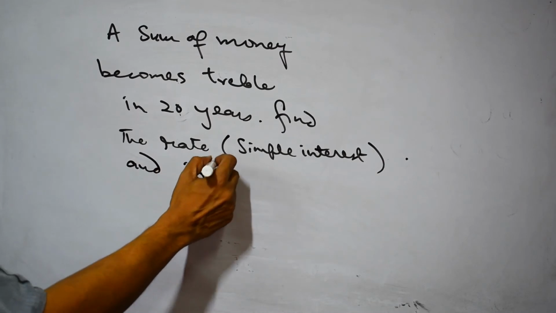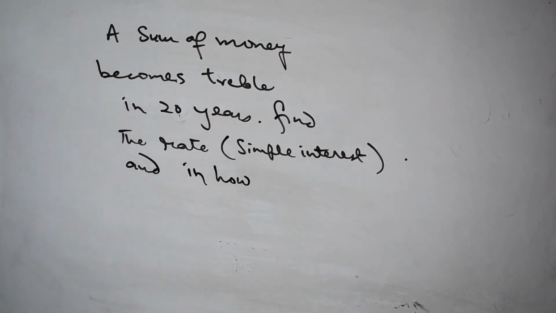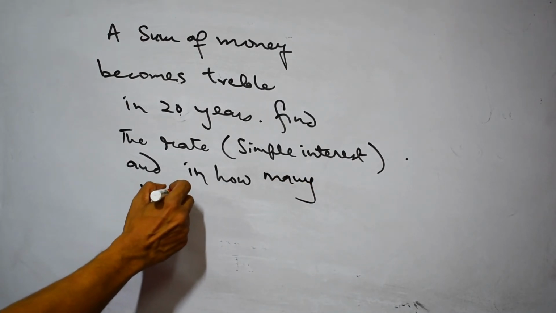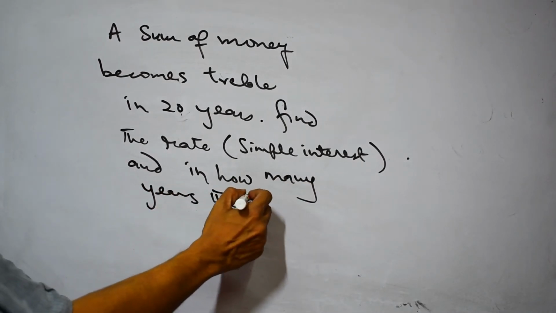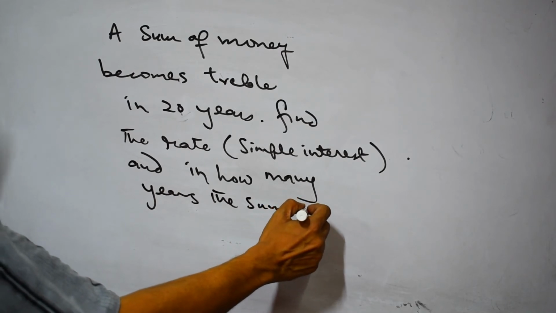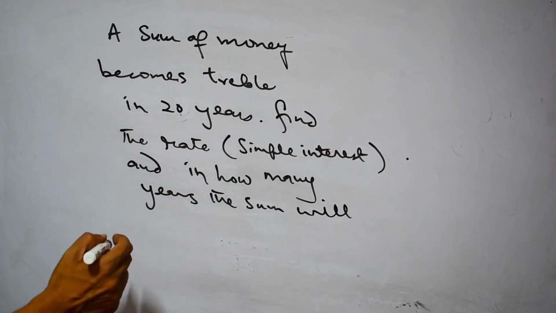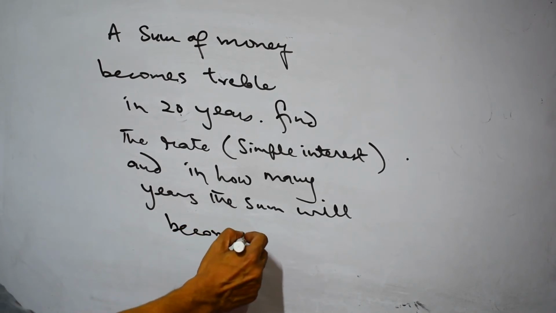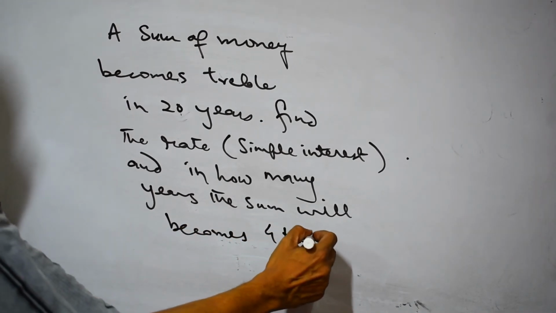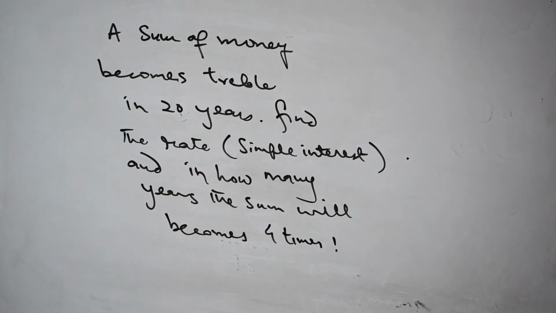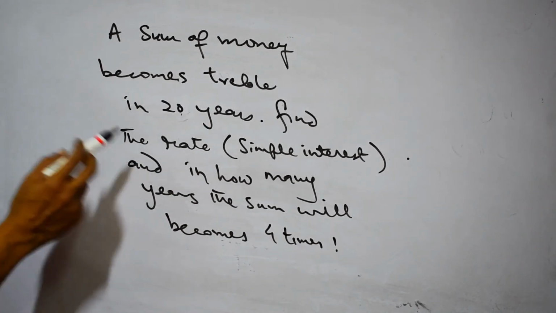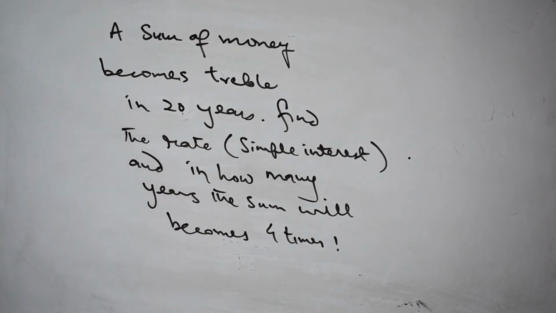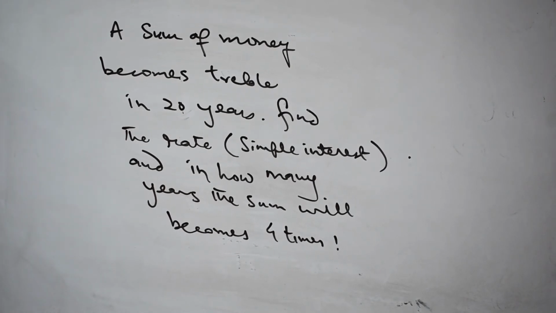Another question can be asked: in how many years the sum will become 4 times. So I am giving 2 questions here. One is what is the annual rate of interest if it is simple interest, and the second one is in how many years the sum will become 4 times.